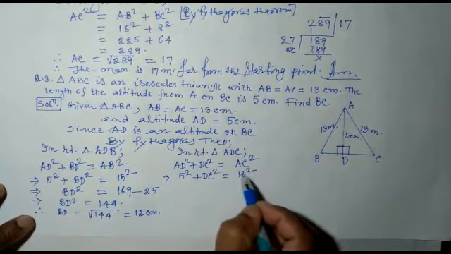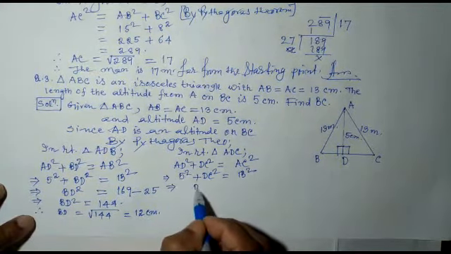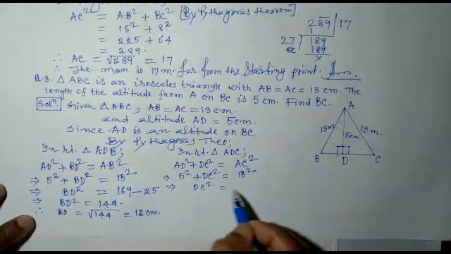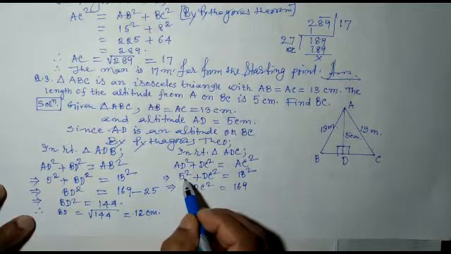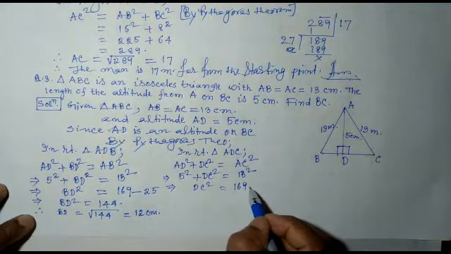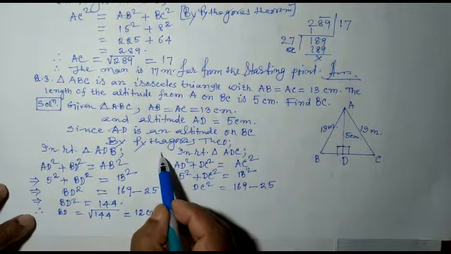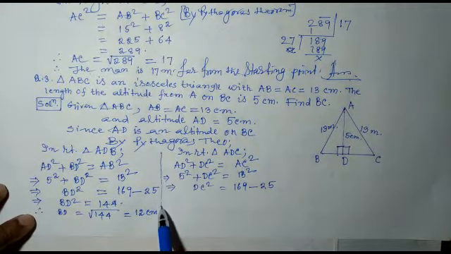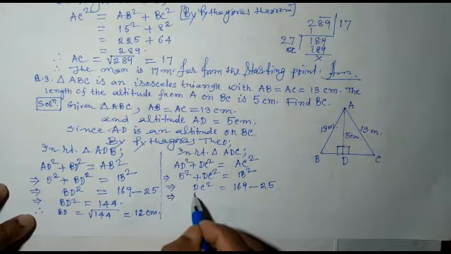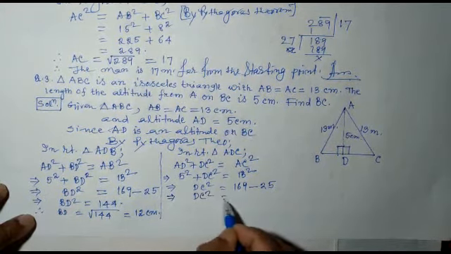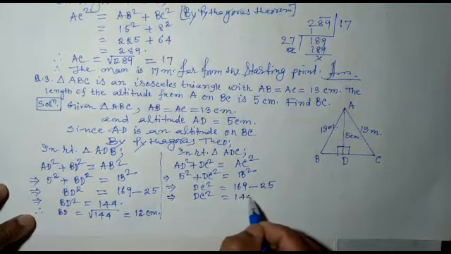This is 13 square. Or we write DC square is equal to 13 square, 169, minus 5 square, which is 25. Taking to the right side, it is minus 25. So DC square is equal to 169 minus 25, it is 144.